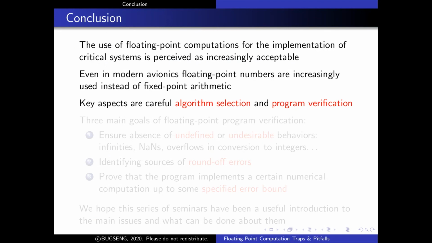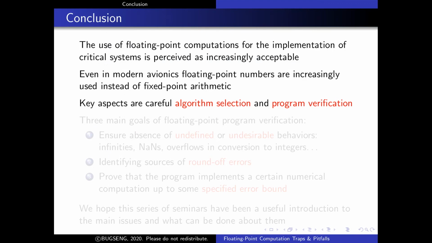In this couple of webinars, I hope to have illustrated that there are two key aspects to be considered. First is algorithm selection. Even for trivial things, summing numbers, computing the average, solving a quadratic equation, there is the wrong algorithm and the good algorithm, and you had better choose the good algorithm.